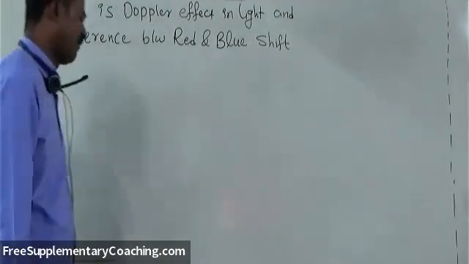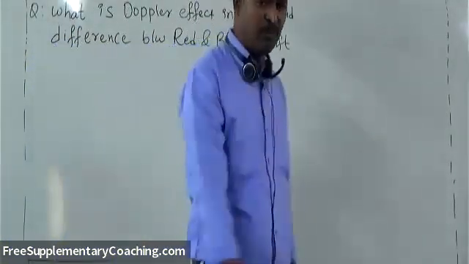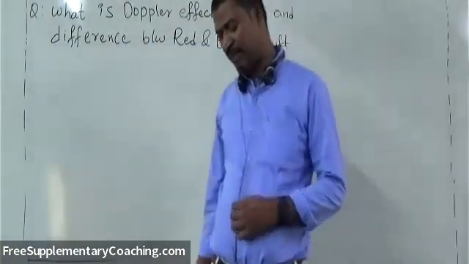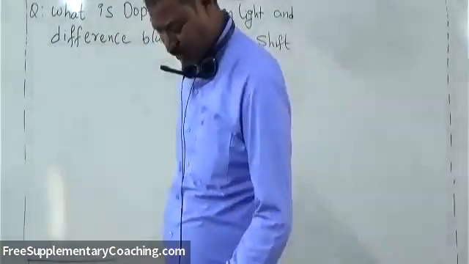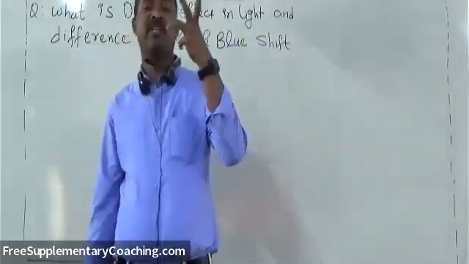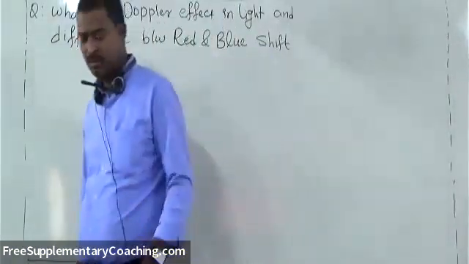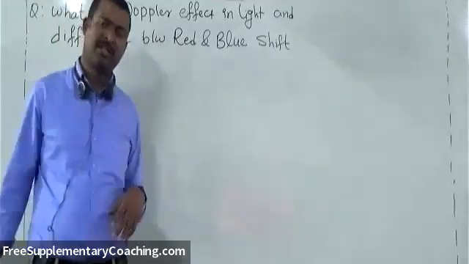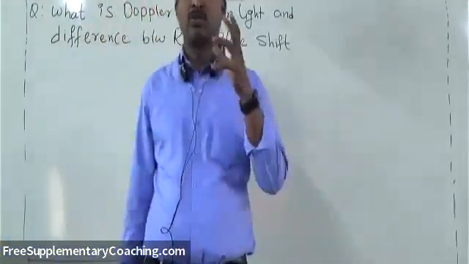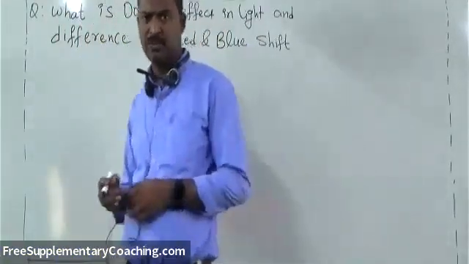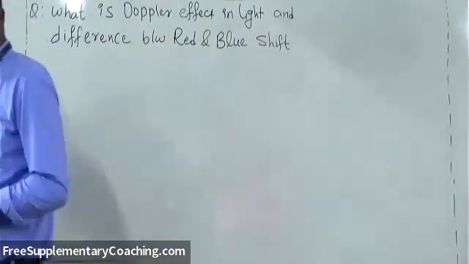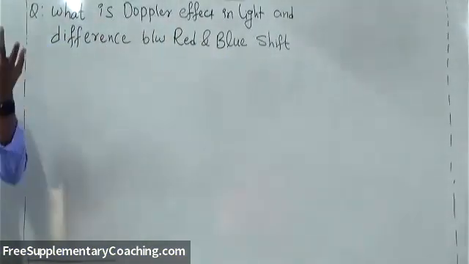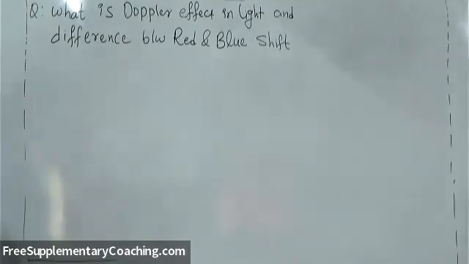What is Doppler effect? Basically, Doppler effect occurs because there is a motion between observer and source. Here we are discussing Doppler effect in light, so the source means source of light, generally stars.